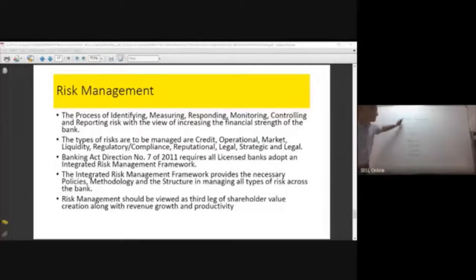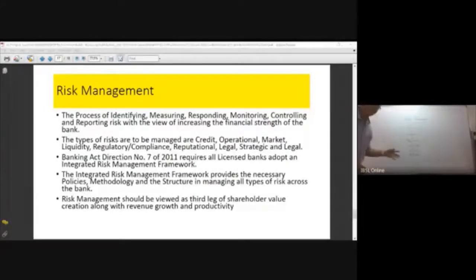You see this process, risk management is to identify, measure, respond, monitor, control, and report. This is the process which we will be studying under each type of risk which we have earlier mentioned. Where financial risk is concerned, we are going to do credit, market, and liquidity.